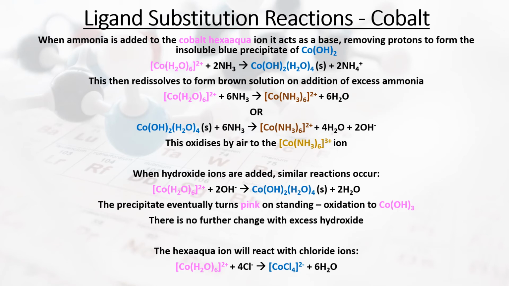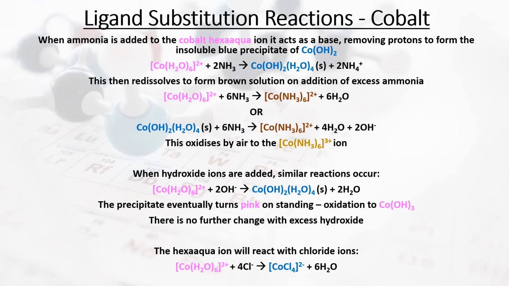If we have excess ammonia, or we have really concentrated ammonia, then this blue precipitate of the cobalt hydroxide dissolves to end up forming our cobalt hexaamine complex, Co(NH3)6 2+, and this is a brown solution. So we can either write it starting from the hexaaqua ion, straight away adding excess ammonia in, 6NH3, getting a complete ligand substitution, making that cobalt hexaamine ion, which is brown, and kicking off all 6 waters.